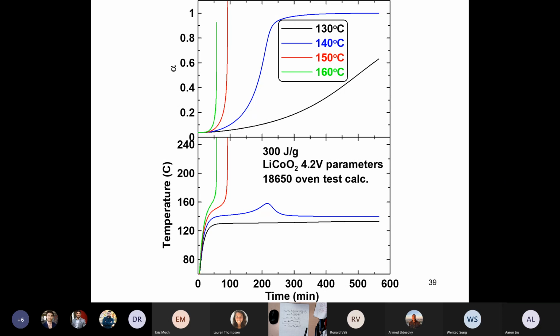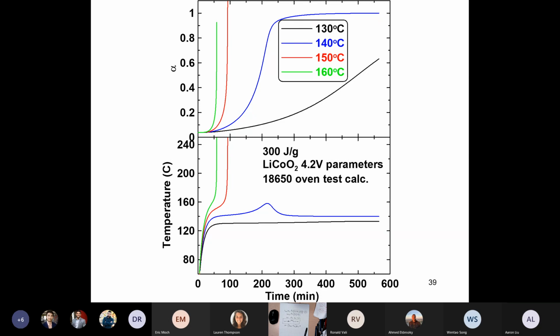It just tells you about the total heat that's being evolved. What is an ARC, right? All it does is measure the self-heating of the sample due to this reaction in the situation where there's no heat loss to the environment.